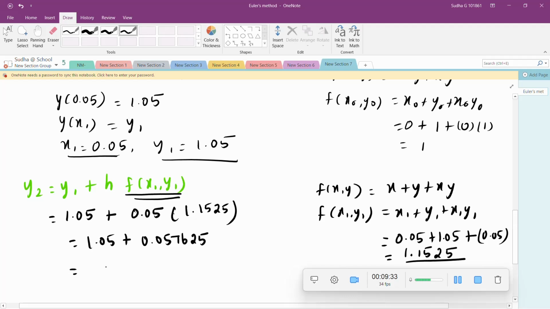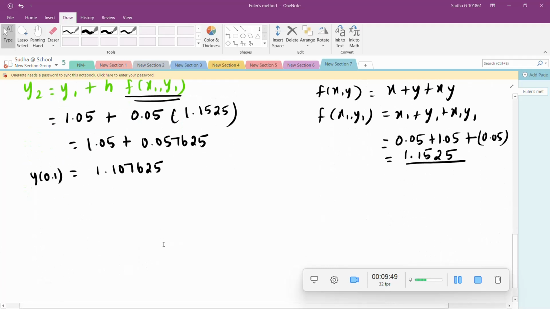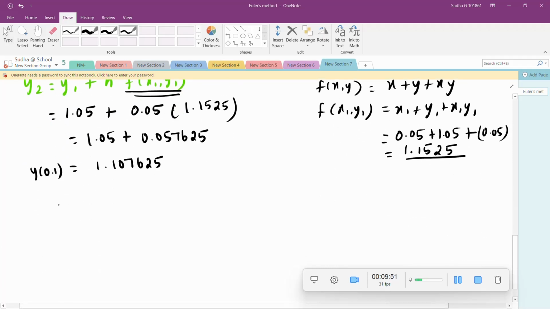This simplify, we will get 1.107625. So which is y of 0.1. So this is y of x2 equal to y2.